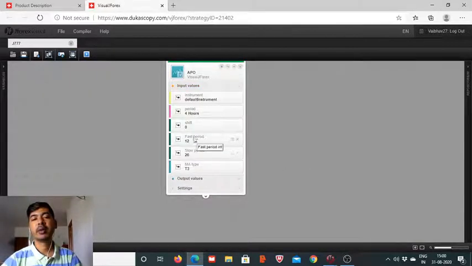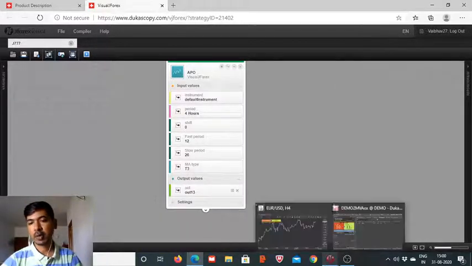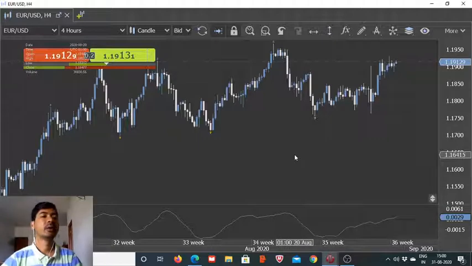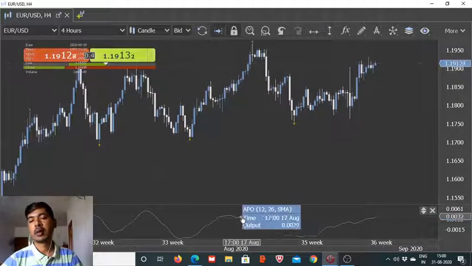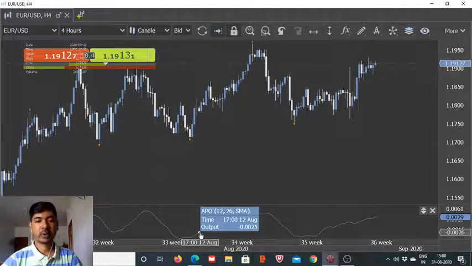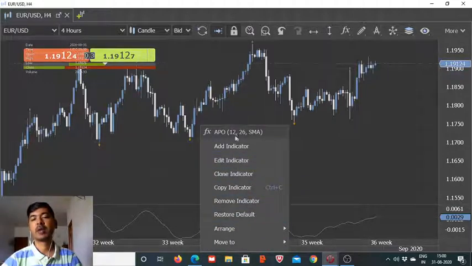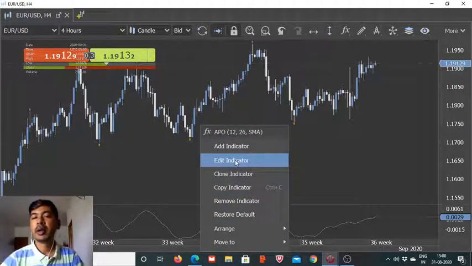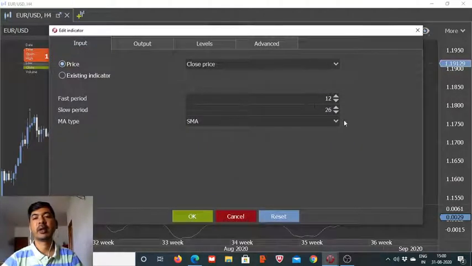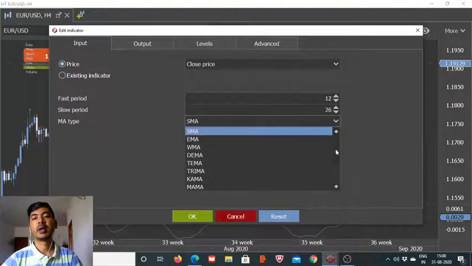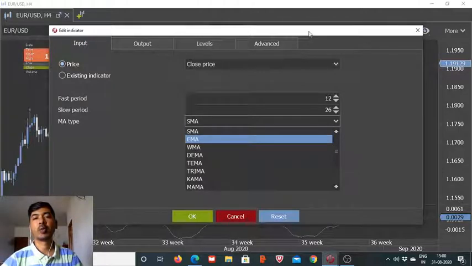Now this will be the output value dependent on the T3. So again, let us change the indicator which we have put on the chart to reflect the changes we have made in the indicator block of the Visual JForex. Edit indicator. Here we make it. Please observe the output values.